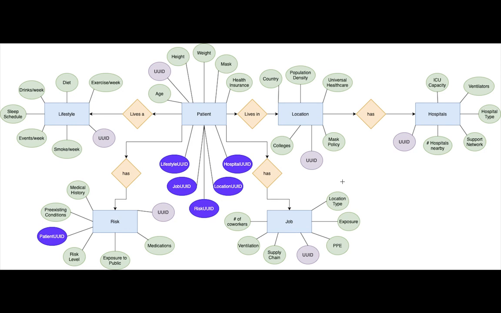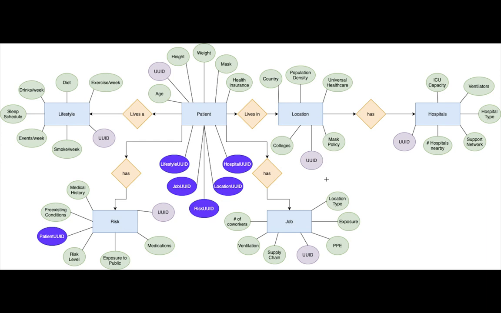Jumping right back into it again with our conceptual diagram for COVID risk. Real briefly, we're going to touch on the main selling points of this diagram that you should really consider. The main selling point is that this diagram was built to be the most efficient, but also the best chance that first responders have to determine if a patient has COVID-19 or not with their COVID risk.